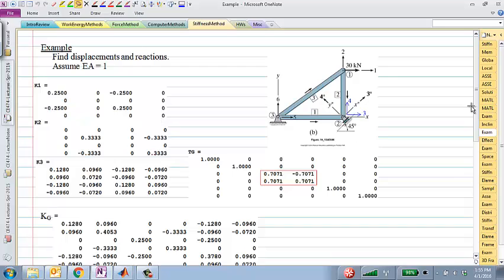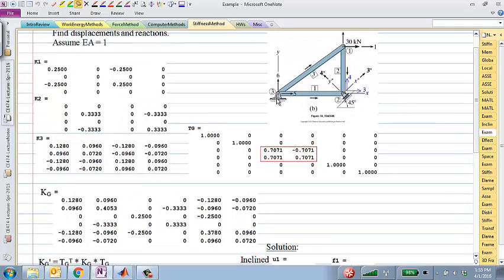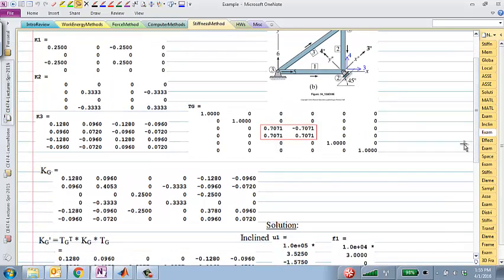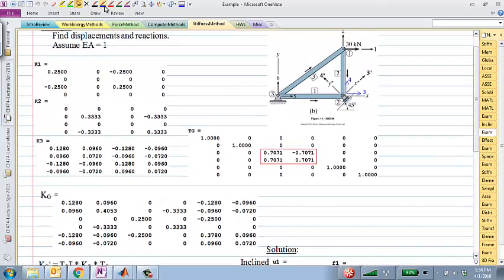We assembled it into the bigger global stiffness matrix, right? We started out with a big matrix of zeros, and what would the size of that be for this particular problem? 6 cross 6, there are 3 nodes. We started out with 6 cross 6 zeros. And now, using different colors, I'll use blue for element 1.